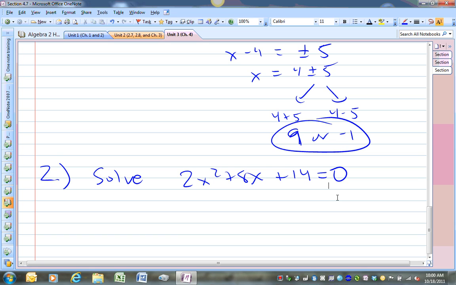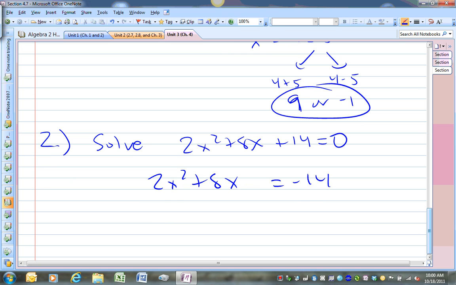So first thing I'm going to do is isolate the quadratic and linear terms. So 2x squared plus 8x equals negative 14.